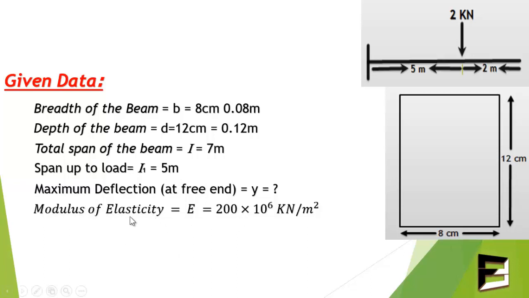This is the modulus of elasticity, also called coefficient of elasticity. Modulus of elasticity we represent by E. So E is equal to 200 multiplied by 10 raised to the power 6 kilonewton per meter square.